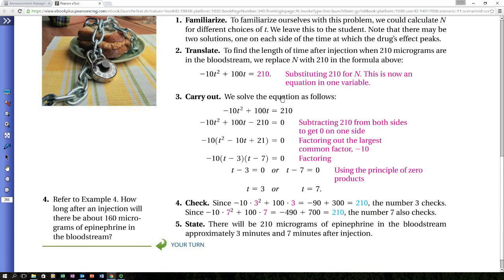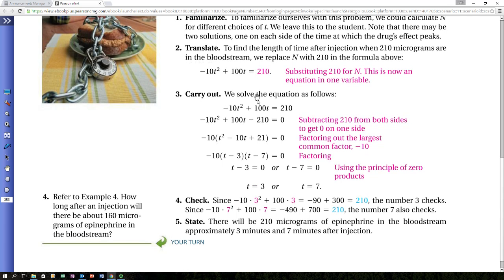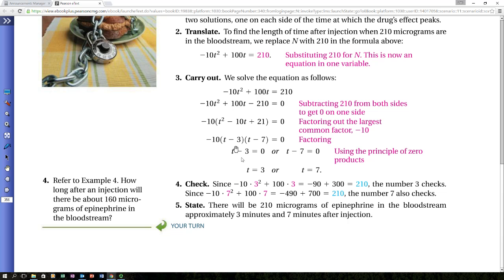So we go through this, we can then substitute 210 in for n, set up that deal. It has to be equal to 0, factor, look for common factors, trinomials, difference of squares, not in this case, but could be possible. And I end up with 2 times that do that. And since we check, there will be medicine in the bloodstream approximately 3 minutes and 7 minutes after injection.